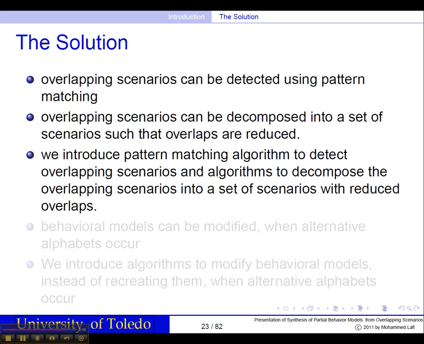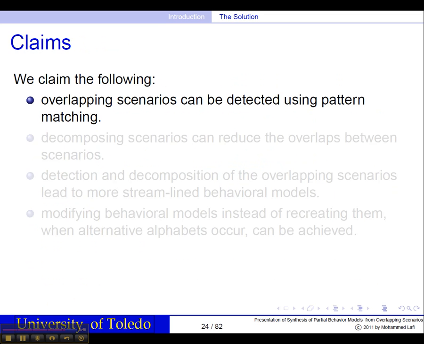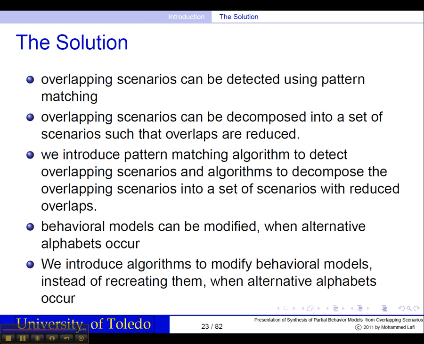The solution. We will give two solutions: one for the overlapping scenarios and the other for the alternative alphabet. For the overlapping scenarios, we will use a pattern matching algorithm to detect the shared or overlapped part.